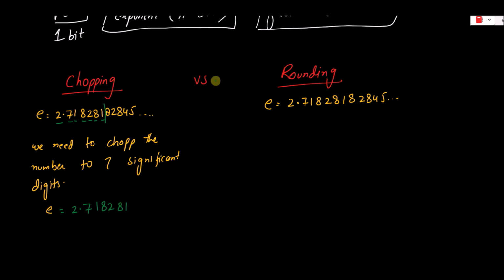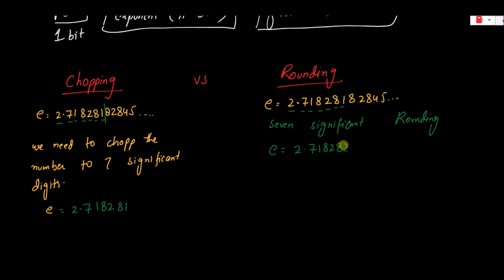And write it as 2.718281. For the rounding case, to 7 digits, we write 1, 2, 3, 4, 5, 6, 7. As the eighth digit is greater than 5, the last digit should be increased, giving 2.718282.